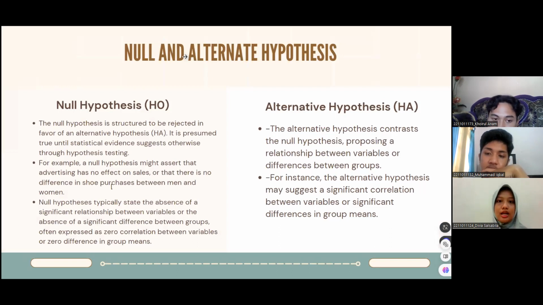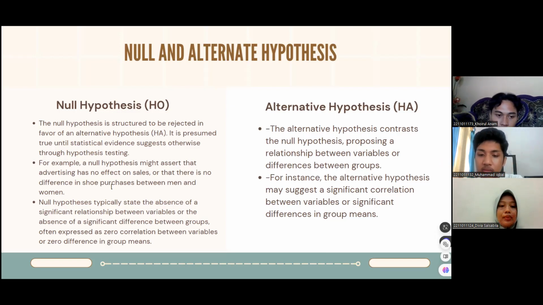Null and alternate hypothesis. The null hypothesis is structured to be rejected in favor of an alternative hypothesis. It is presumed true until statistical evidence suggests otherwise through hypothesis testing.